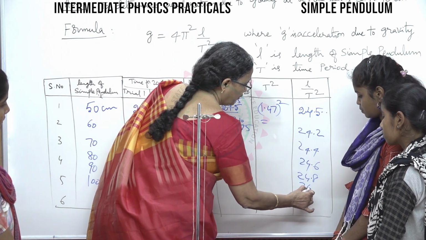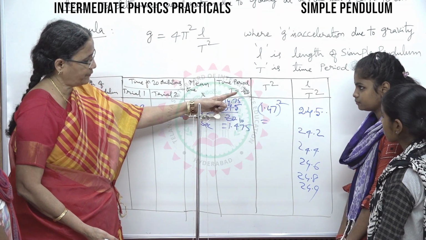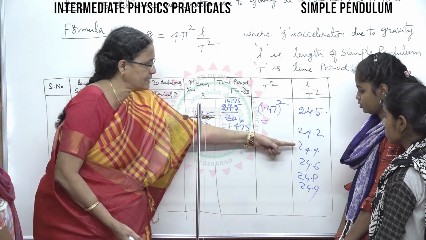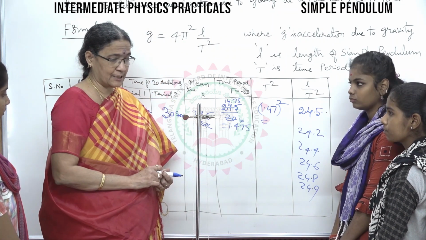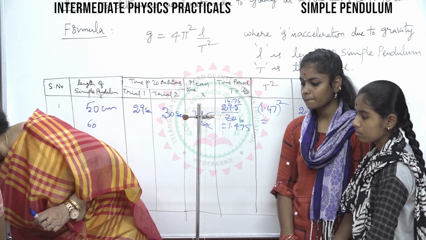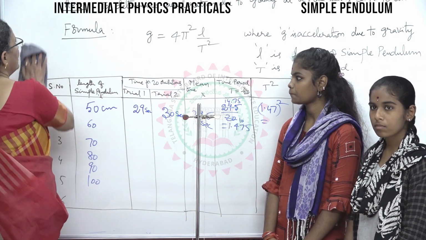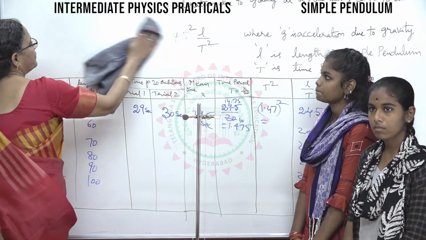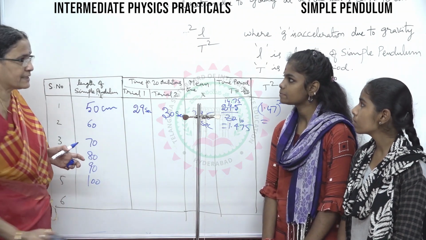Like that, I'm taking readings for 50, 60, 70, 80, 90, 100 centimeters. I have taken 6 readings. You need 6 readings for this particular experiment. It is not enough if you just take 2-3 readings. Why? Because you are going to draw a graph. So, for graph, we need more points.